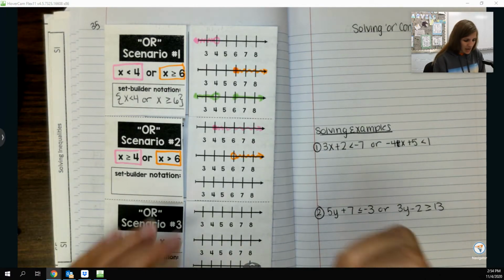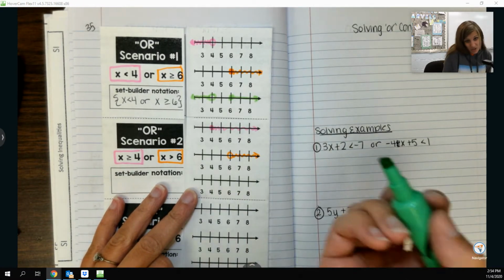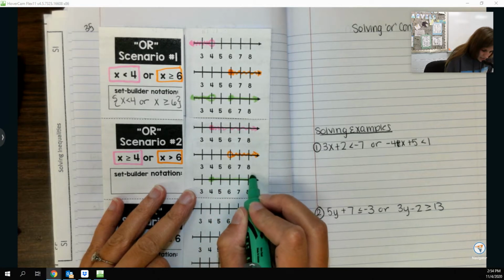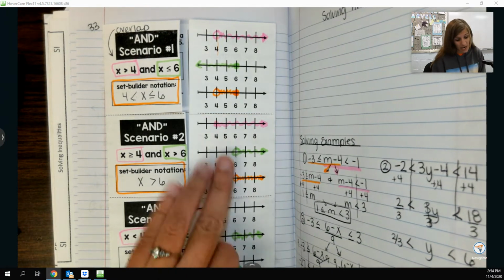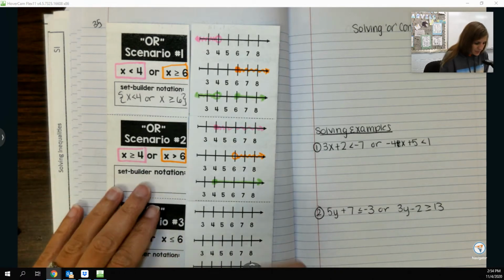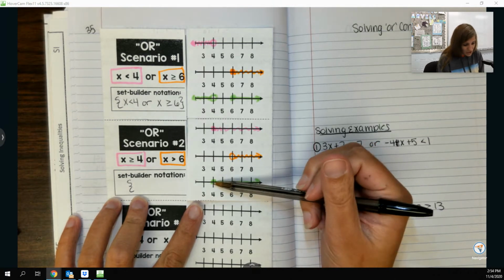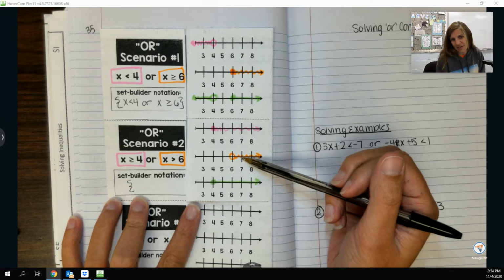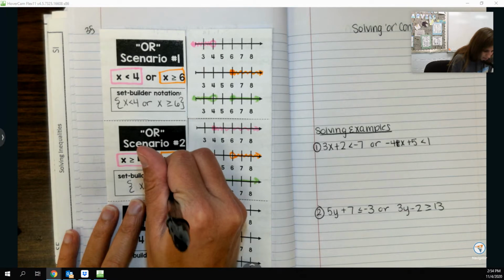Because X can be bigger than 4 or bigger than 6, it's cool if you're just bigger than 4. So with this one, you actually get to have more things, unlike the "and", where I had less things, so I had to cut off the extra. Here I get to take the extra. So really, this one is just X is now greater than or equal to 4, because the 6 is already included in that. I really don't need to say it again. So X is greater than or equal to 4.